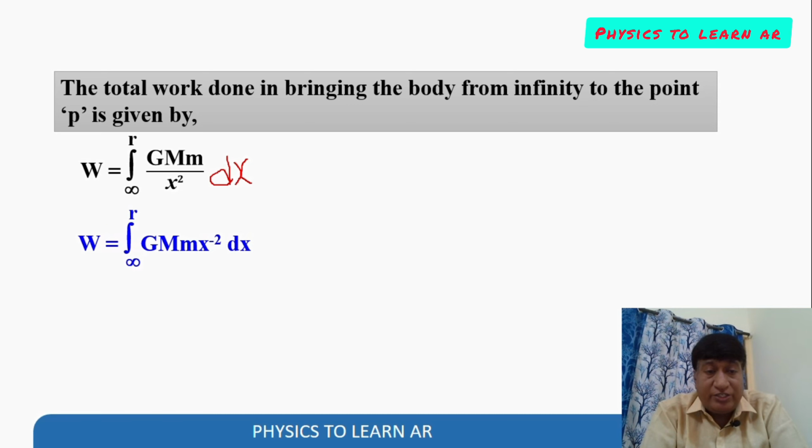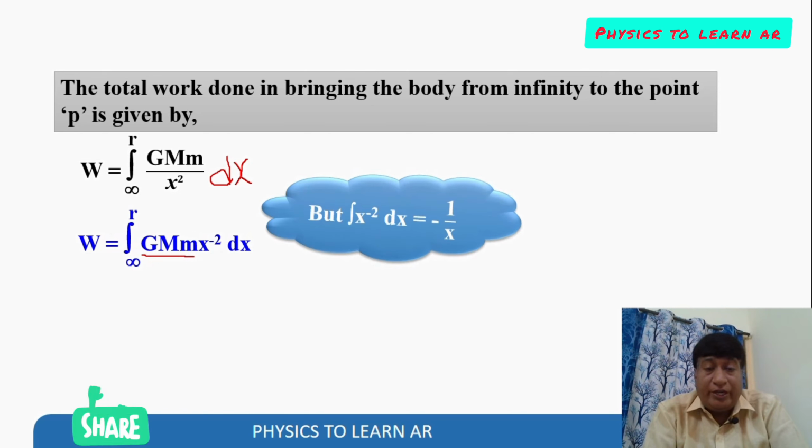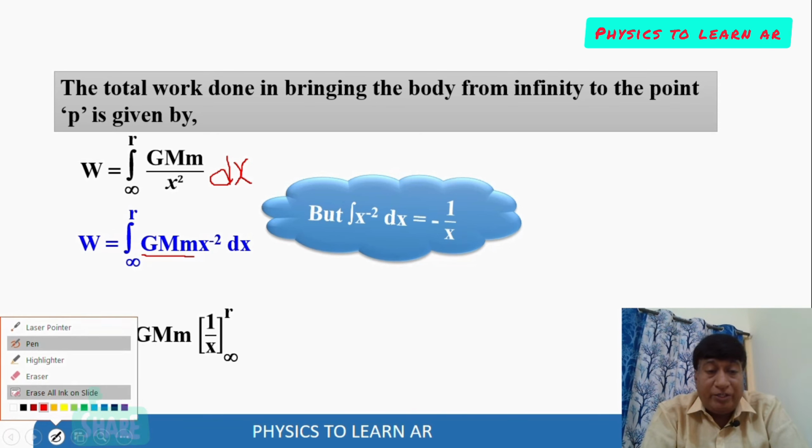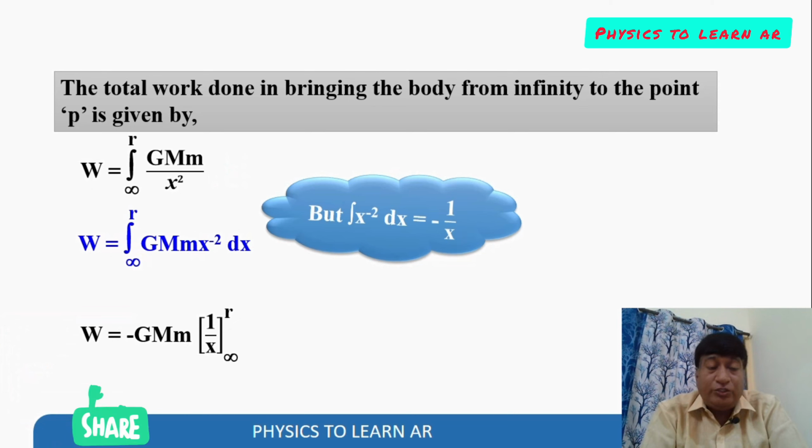G is a constant, M is a constant, and the mass of the body m is a constant, so we can take them out. The integration of x to the power of minus 2 into dx is minus 1 by x. By applying the upper limit and lower limit, we get minus G M m into 1 by x from r to infinity.